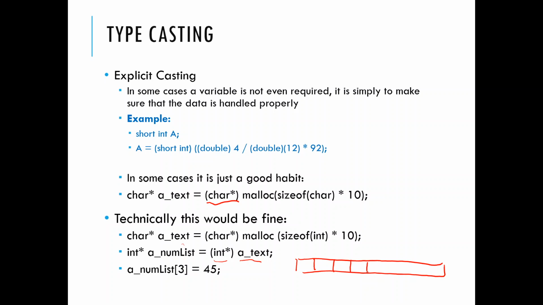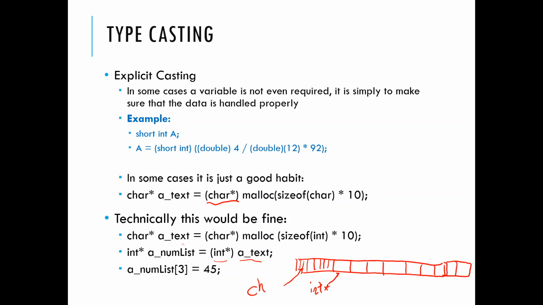2, 3, 4, 5, 6, 7, 8, 9, 10. Let's fix it up that way. Or I could say it's 1, 2, 3, 4, right? Depends on how I want to view things. If it's an int star, it's a chunk.